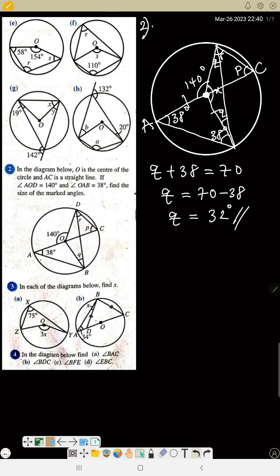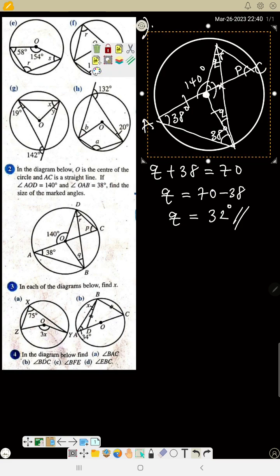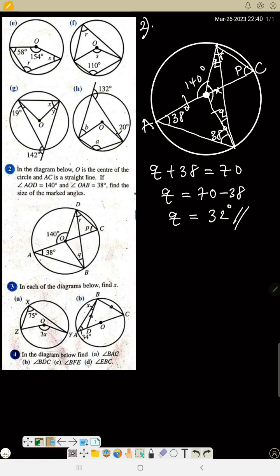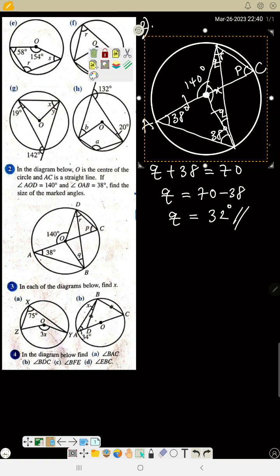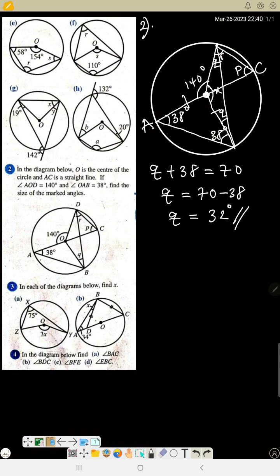So I can ignore that x, as in you may not find that x there. Because AC is a straight line, if here is 140, we can actually know this place. What is the angle there? 180 minus 140, so this place must be 40. And remember, this is a radius, so the base angles must be equal here.